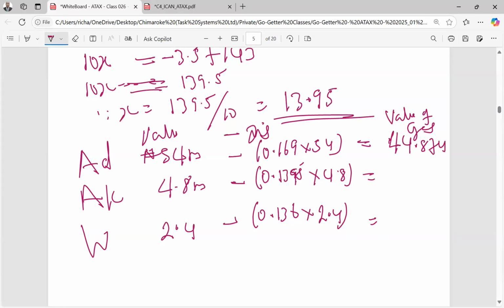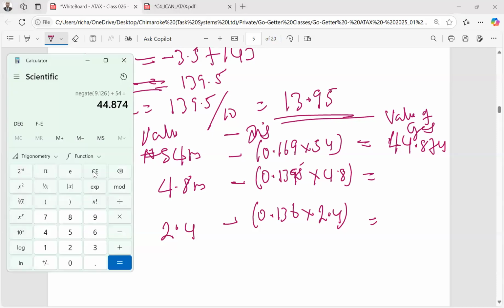Now the shortcut I wanted to do here is 1 minus 0.169. So if this is the discount, 0.169, 83.1% is the cost value. I'll just simply multiply it by 54 and I get the same value.